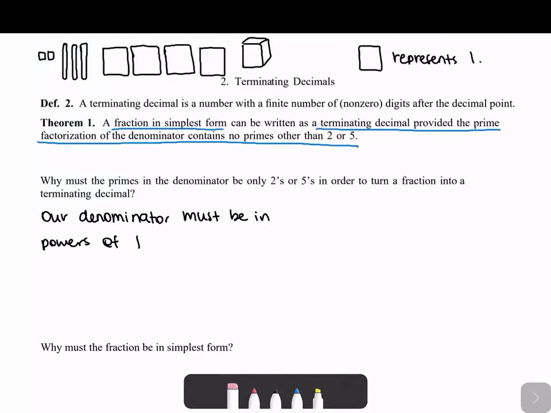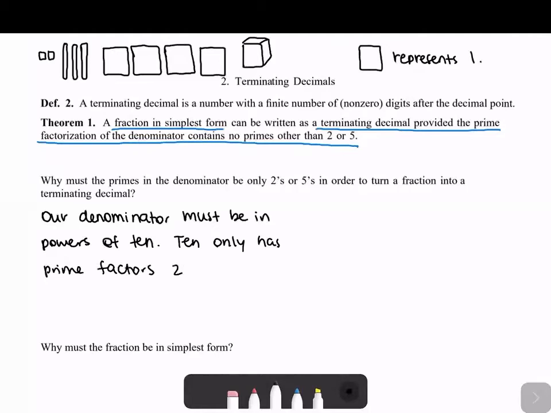So rather, let me think about the denominator. In order for us to get a nice fraction, our denominator must be a power of 10. And 10 only has the prime factors 2 and 5.